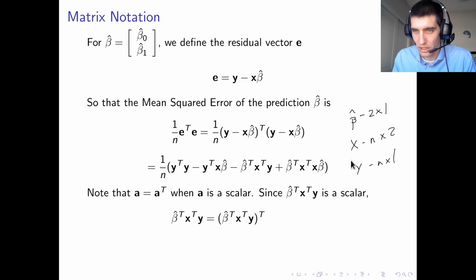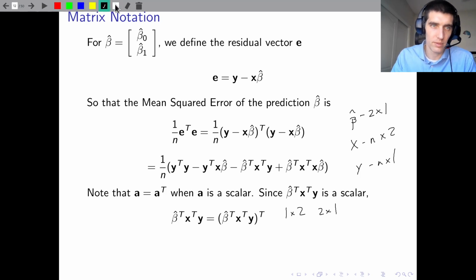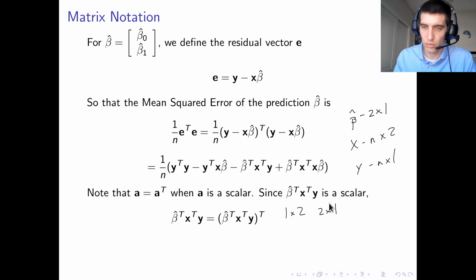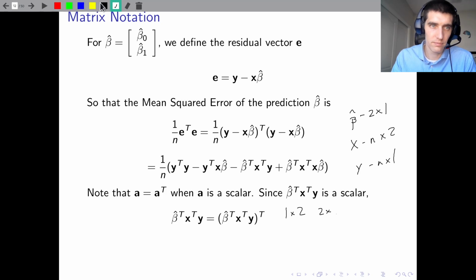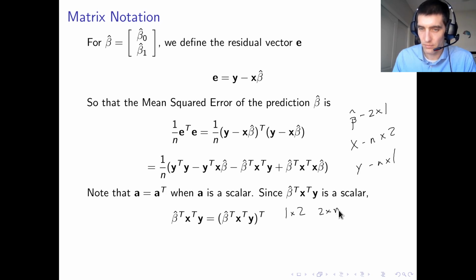So beta transpose, because rows and columns swap, is 1 by 2. X transpose is 2 by n. And then y is n by 1.